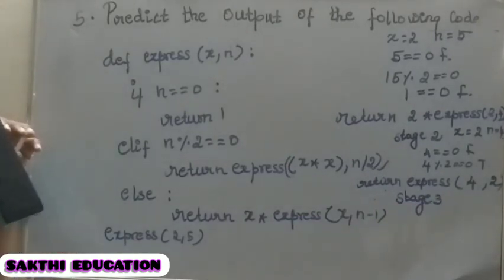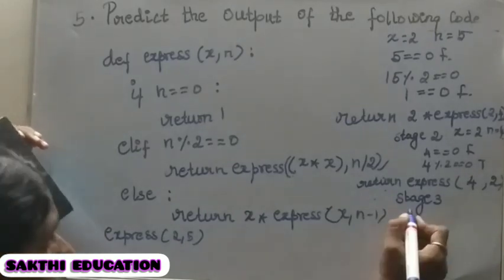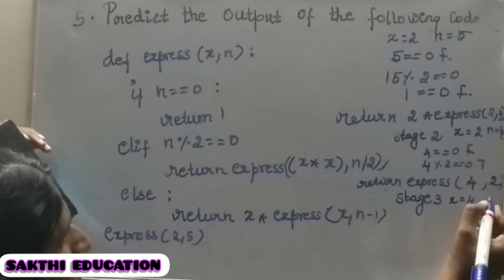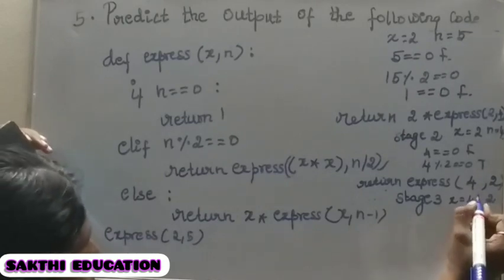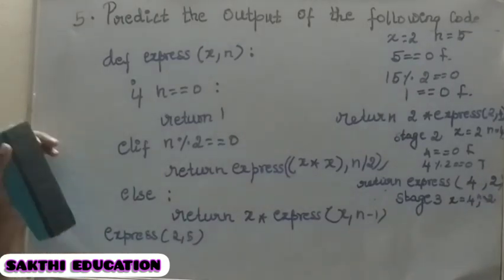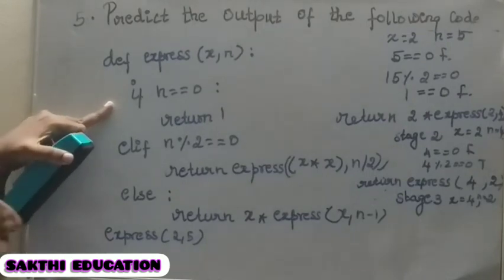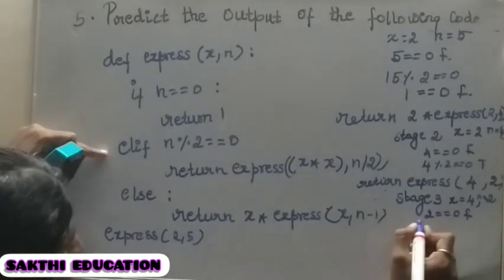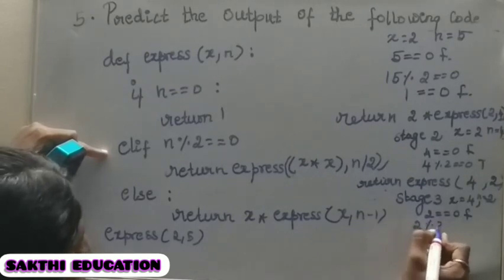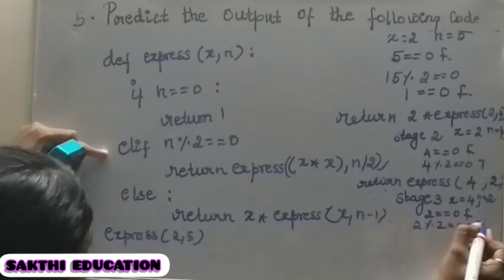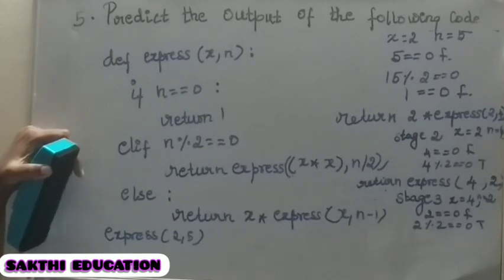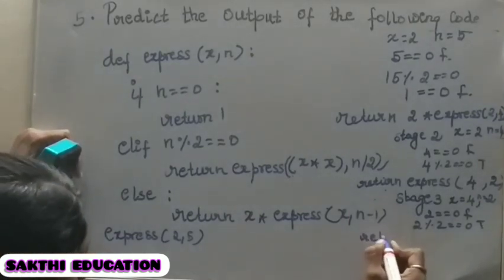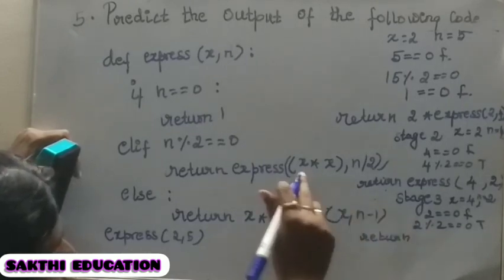Stage 3. In stage 3, what is the x value? X value is 4, n value is 2, n equal to 2. Now you check 2 equal to 0, a false statement, but 2 modulus 2 equal to 0 is a true statement. Again, it will return x into x.